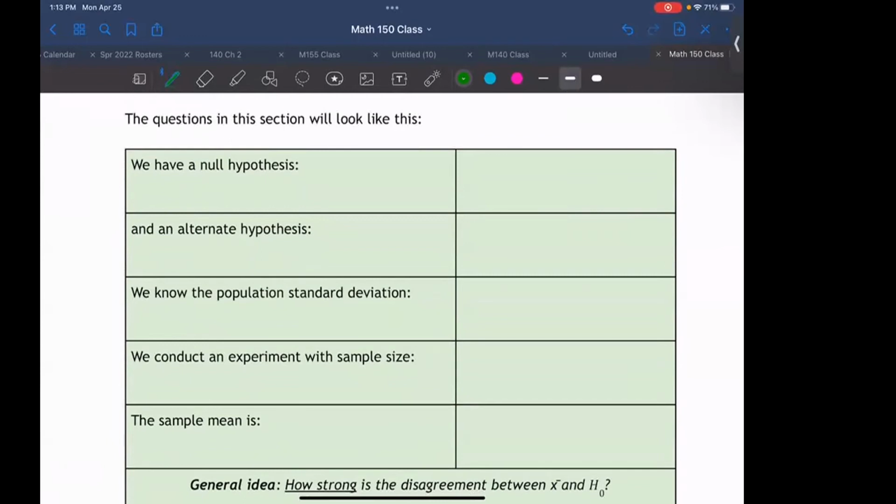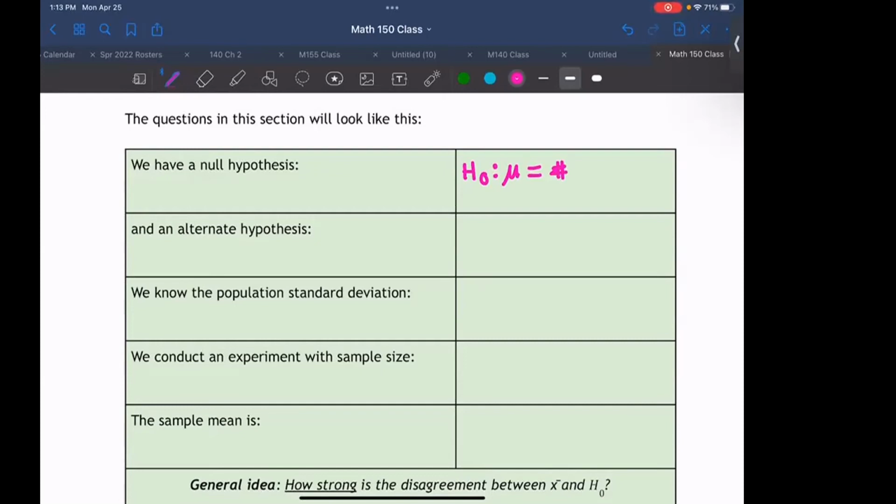So in this section, we will always have a null hypothesis. For reference, we talked about this in the quiz review, but the null hypothesis is always going to have an H0. You're always going to have a colon. And since we're talking about the mean, we'll use mu. And it's always going to be equal to something, right? So these questions are going to give us a scenario.